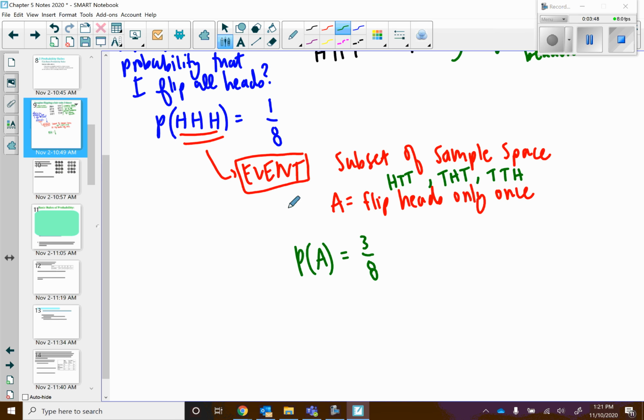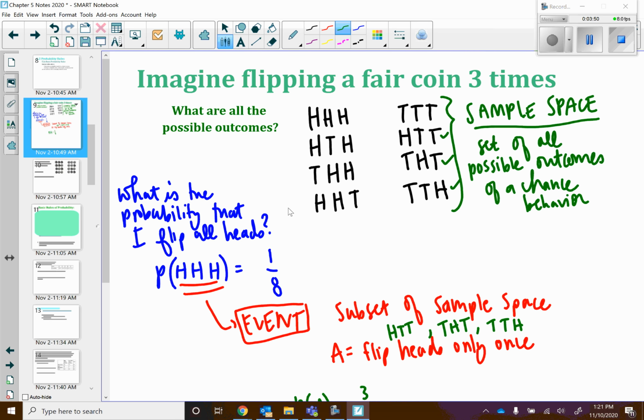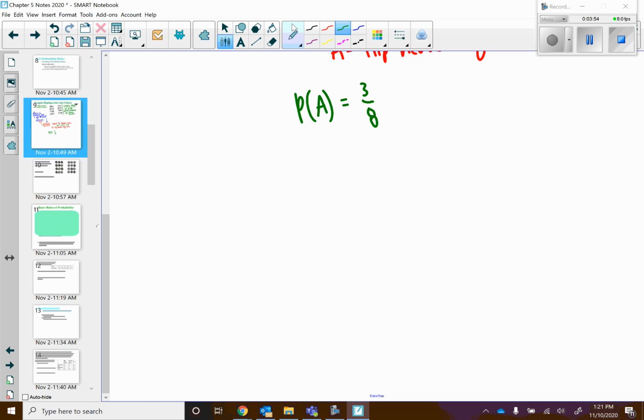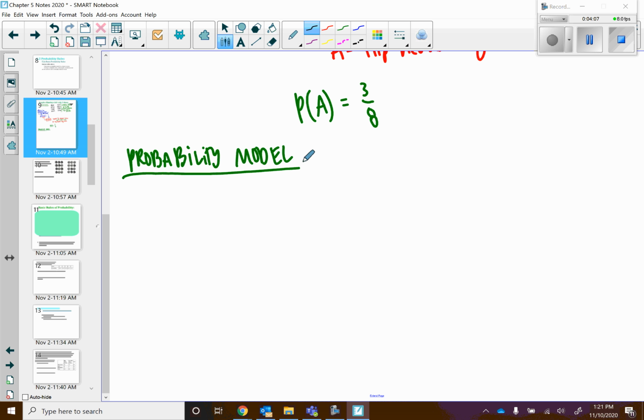Now, if I take both of these things, the sample space and the events, and I put them together, I create something called a probability model. A probability model is the sample space plus the probability of each outcome.